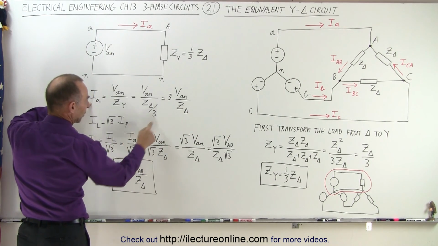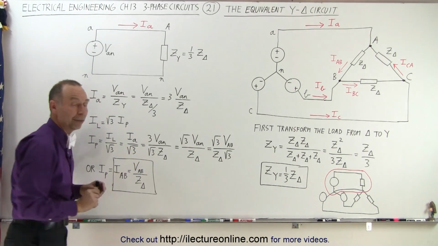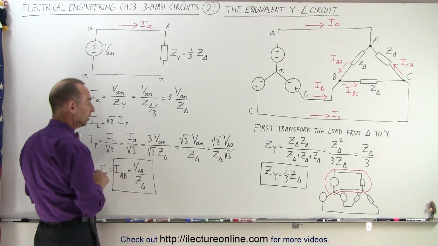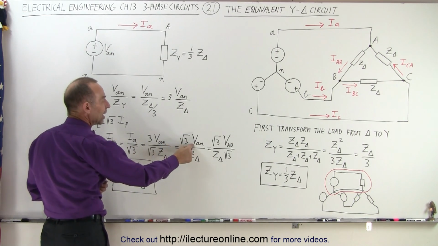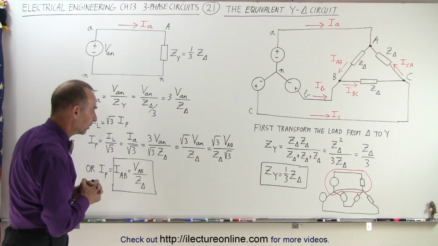So IA can be replaced by 3 times VAN over Z. We still have the square root of 3 there. Now of course, 3 divided by the square root of 3 is simply the square root of 3 in the numerator. So it's the square root of 3 times VAN divided by the delta Z, the load of the delta.